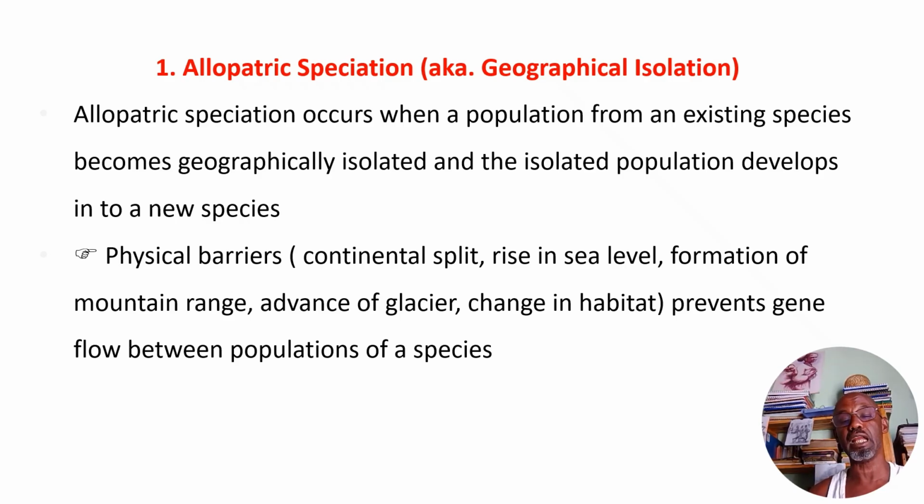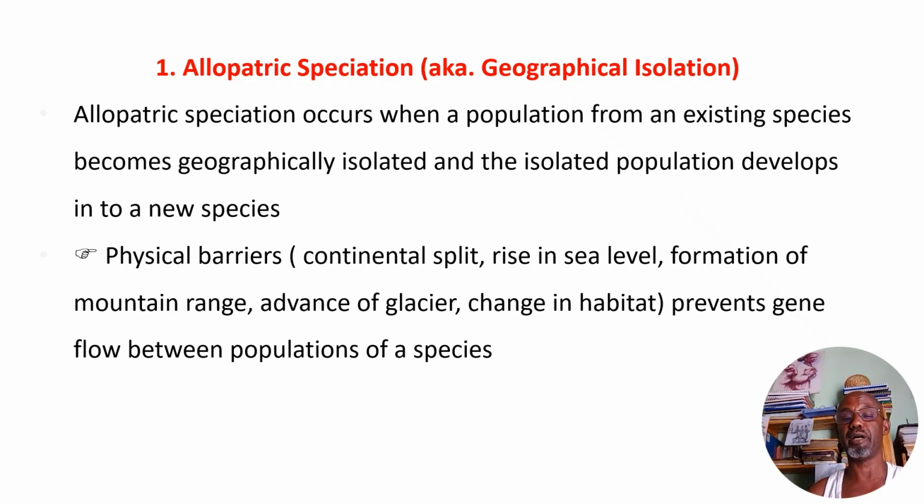Other barriers could be a rise in sea level, the formation of mountain ranges, or the advance of glaciers in polar areas. Mountains of ice may separate a population. Change in habitat can also cause separation. When a habitat is changed, some of the members, because of scarcity of food and living space, may migrate and become different species.